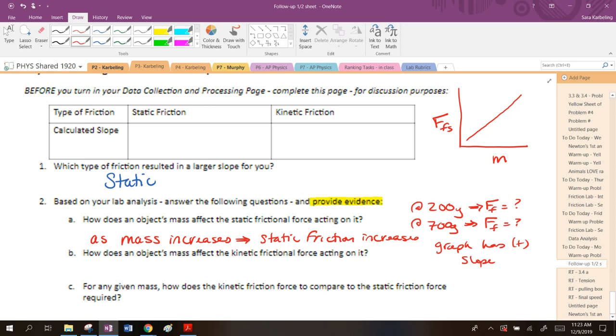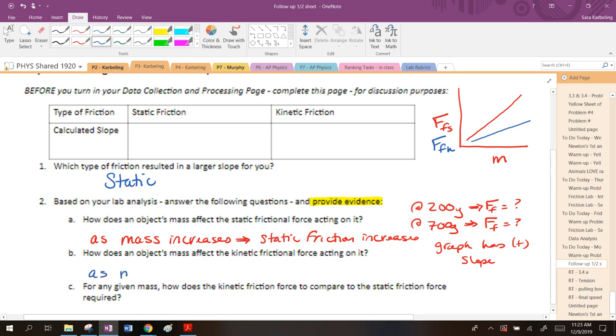2B. How does an object's mass affect the kinetic frictional force acting? Is it very different from part A? It's not, right? Because just as the static frictional force increases, so does the kinetic frictional force, right?